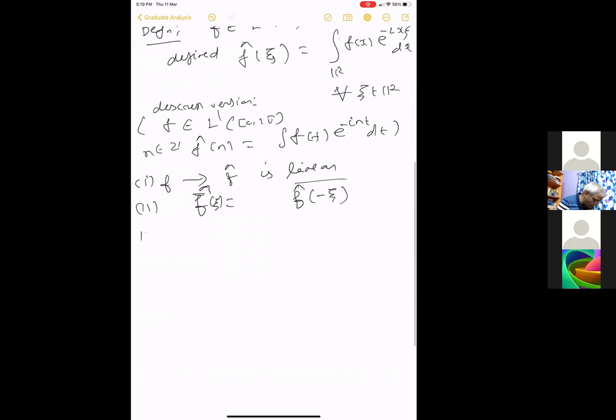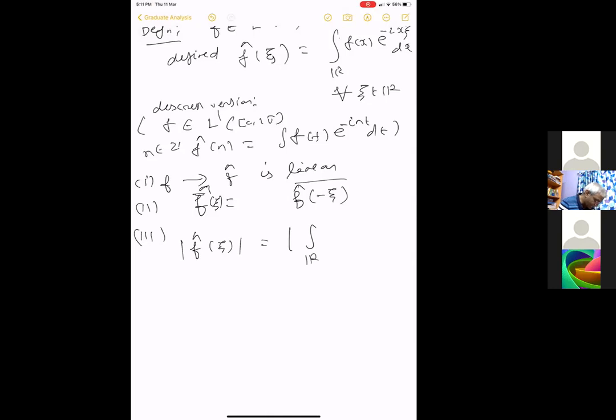Then this is a nice map. It's a bounded map. You consider the modulus of f hat xi, which is equal to the modulus of the integral over R. I am just doing it for the continuous case. The same thing will follow in the discrete case also. In these things, there is no difference.